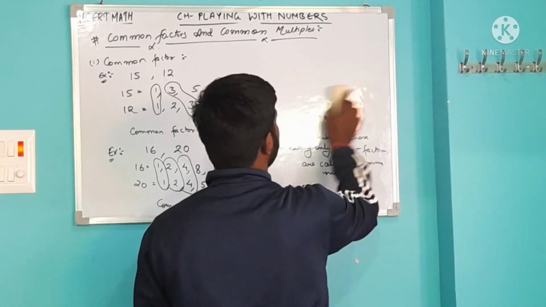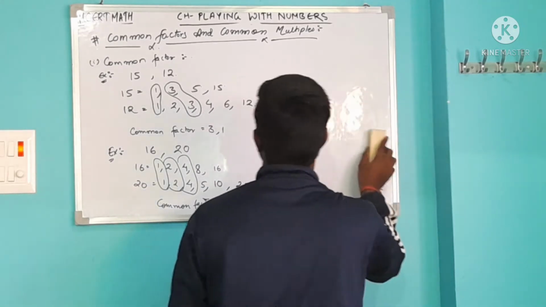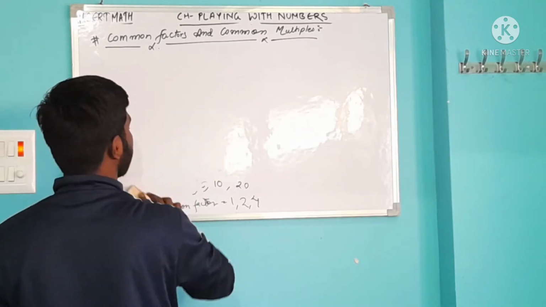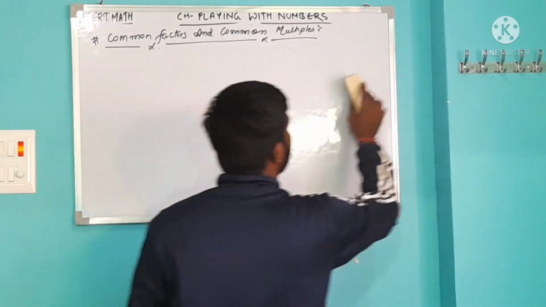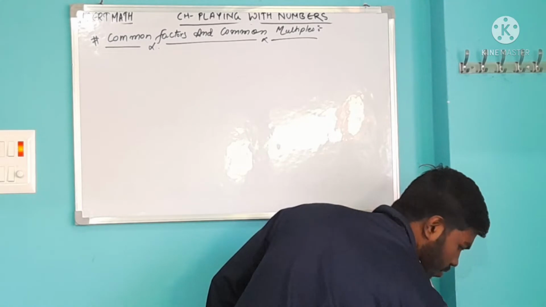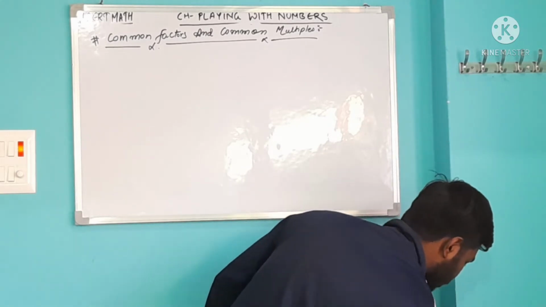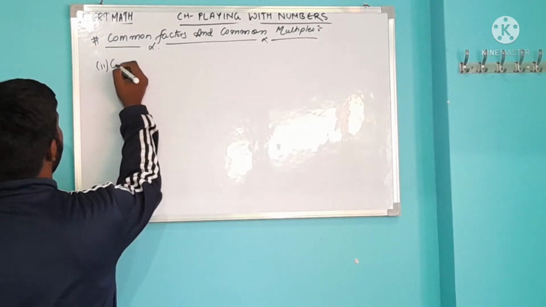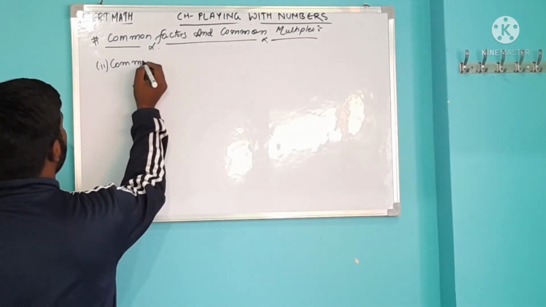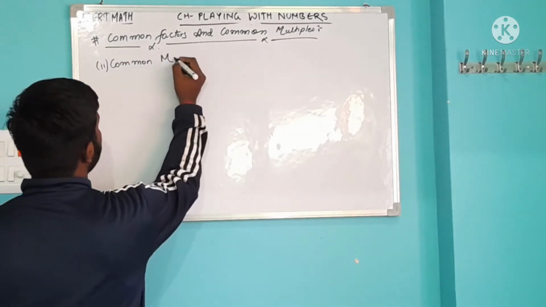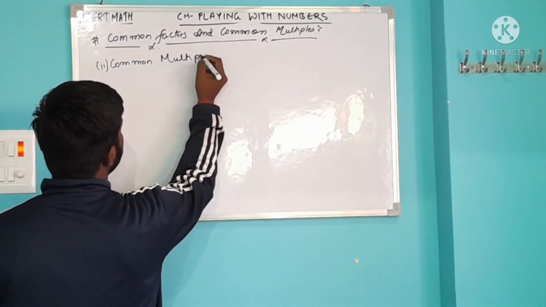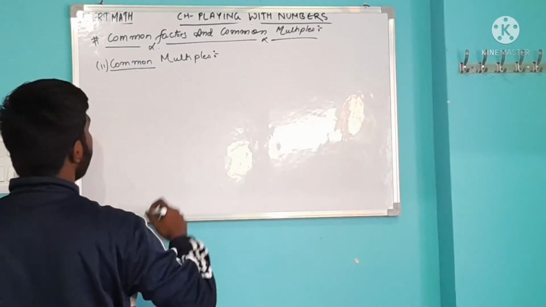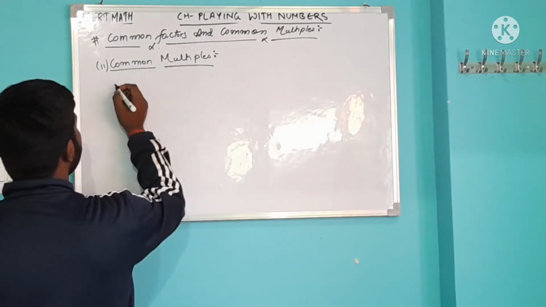So let's move to our next topic, which is common multiples. In this we have the term common again, which is the same, and multiples are the products of a number.